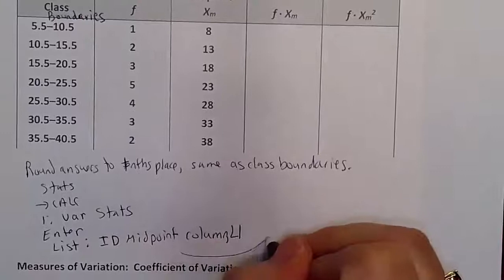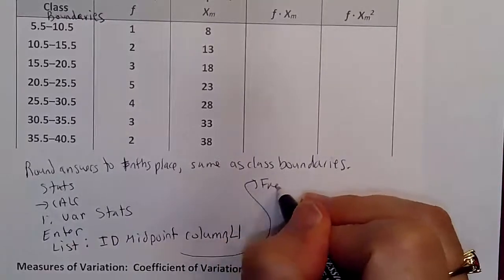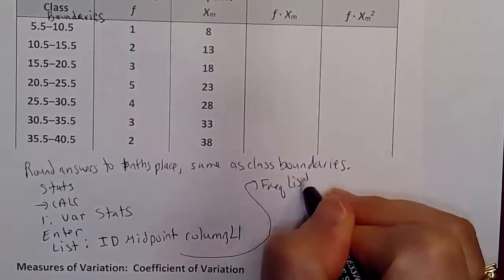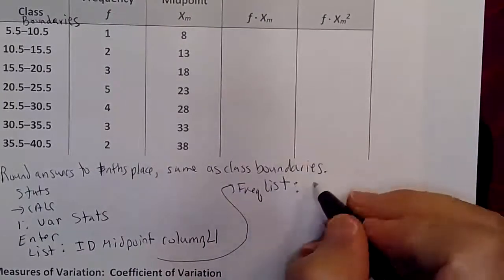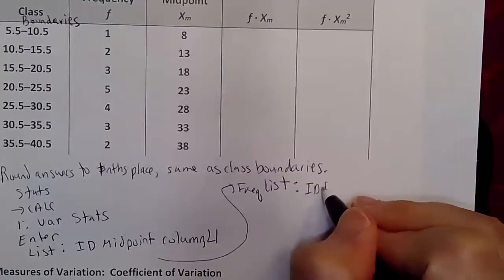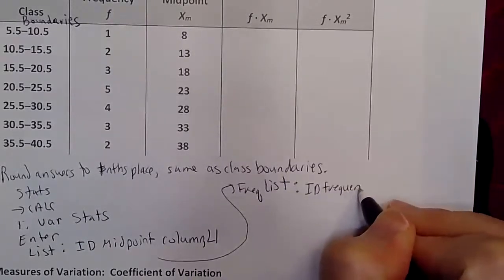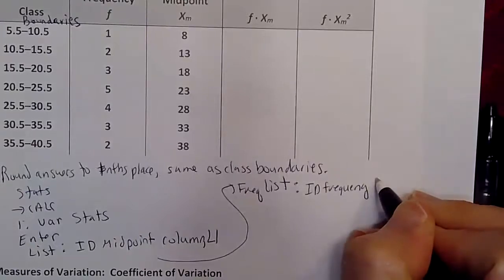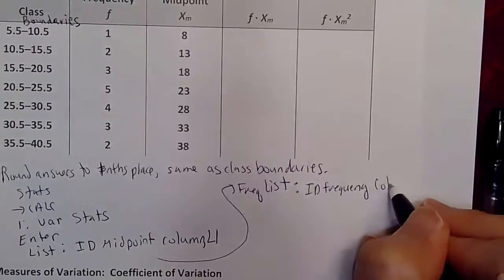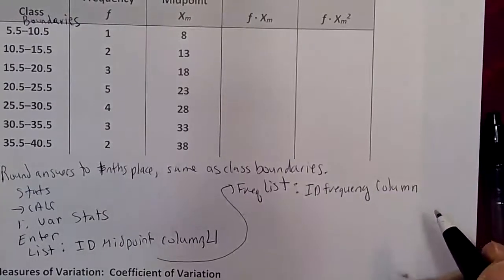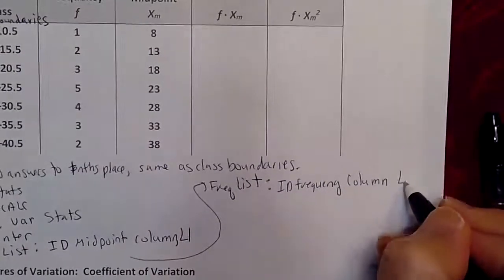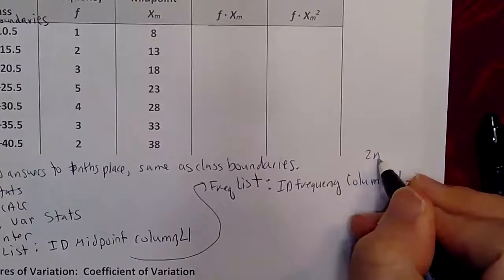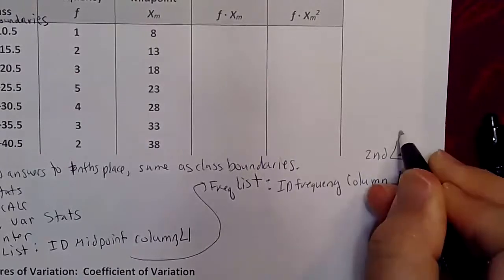And then you come here to frequency list, and this time you will not leave it empty. This time you want to identify your frequency column and call that L sub 2. So that's the second button, then number 2, because that has L2.